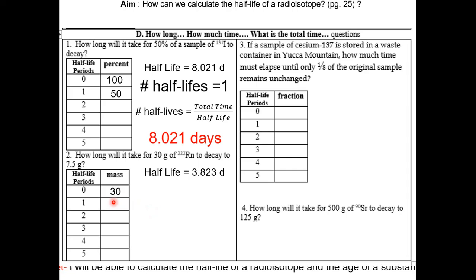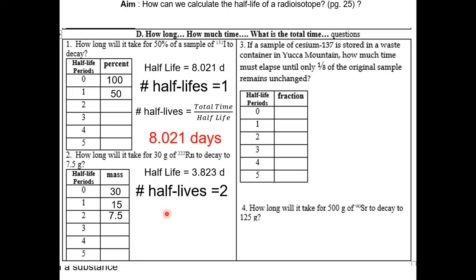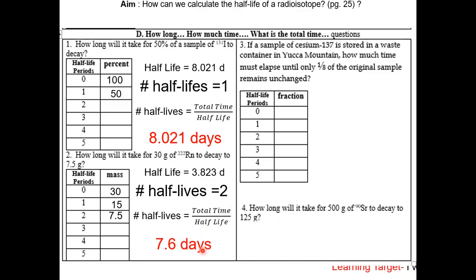In the beginning, you have 30 grams. We are going to decrease the 30 grams by half until we reach 7.5. So the first half-life, we have 15, and the second half-life, we have 7.5. So the number of half-lives must be 2. Next, we can plug into this equation to solve for total time. So the total time is 7.6 days.